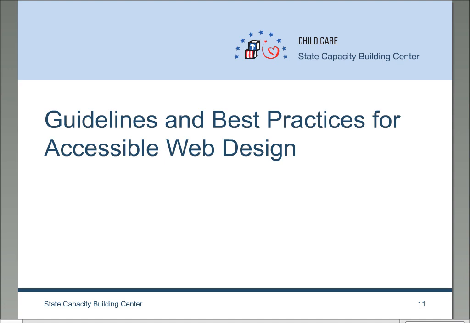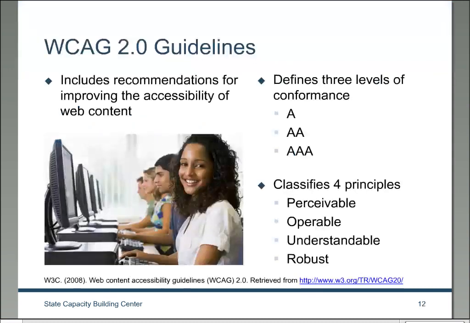One is the Web Content Accessibility Guidelines, commonly referred to as WCAG, which are technical guidelines that are most often referenced to ensure website accessibility. Today, WCAG 2.0 is considered the minimum standard for ADA website compliance.